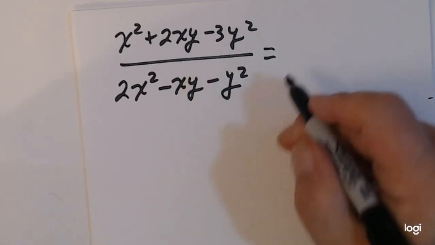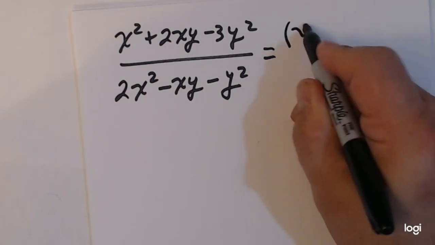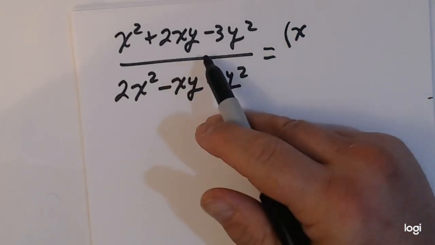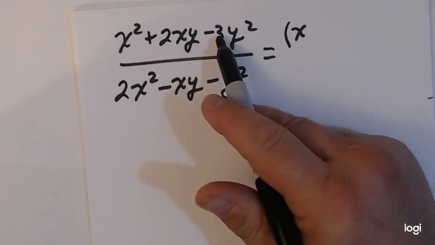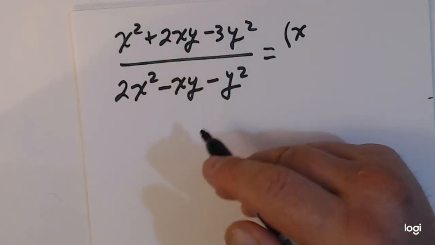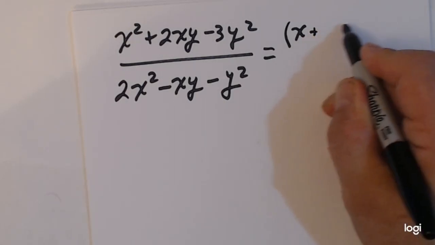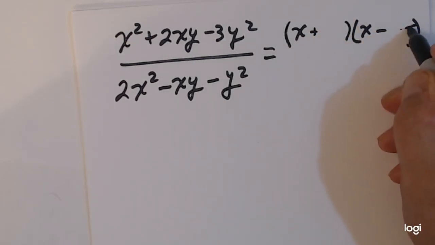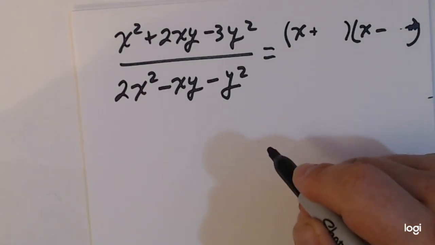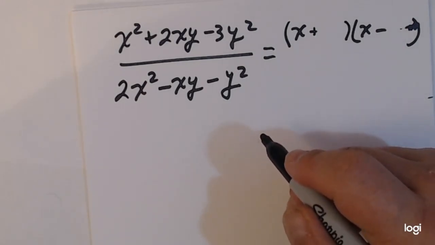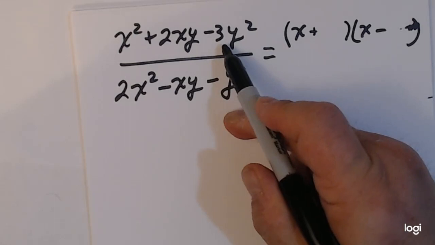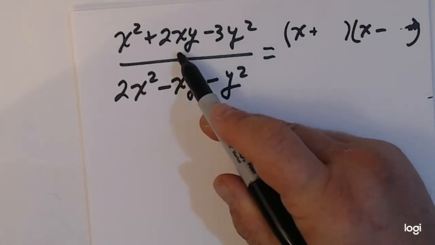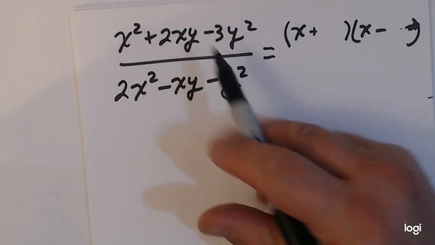So in the top one, let's see how we could do this. We're going to have x. Well, we have a plus sign and a minus sign. So we're going to have x plus something and x minus something. So let's see. Well, 3 and 1 are the only two numbers we can use. And since we're positive here, we need the 3 to be positive.